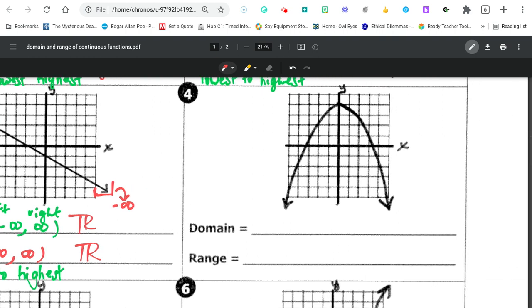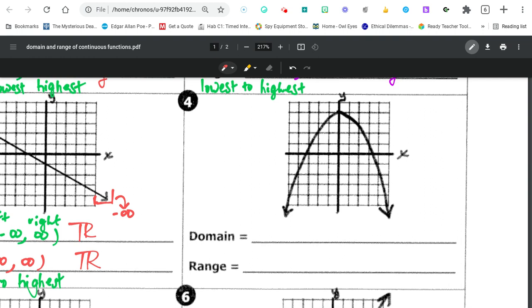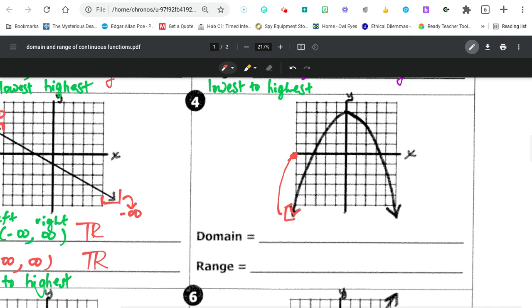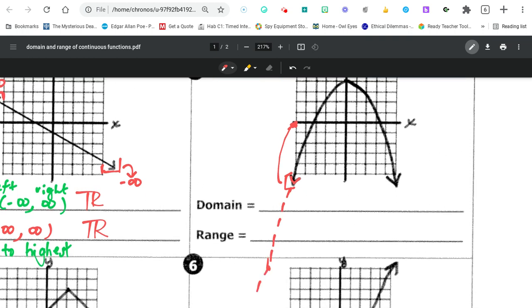Okay, let's take a look at domain. Domain looks like it stretches right here, which would be maybe that point on the X, but it has an arrow on it, guys. So it continues to go forever. So this thing will just get wider and wider. And it would just stretch out.